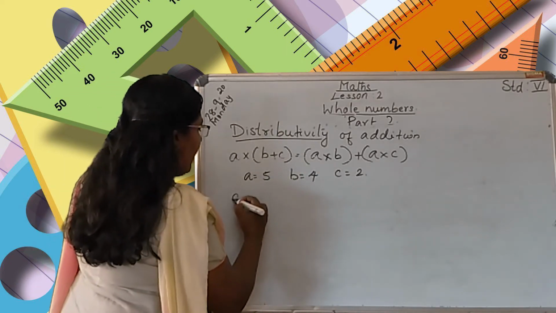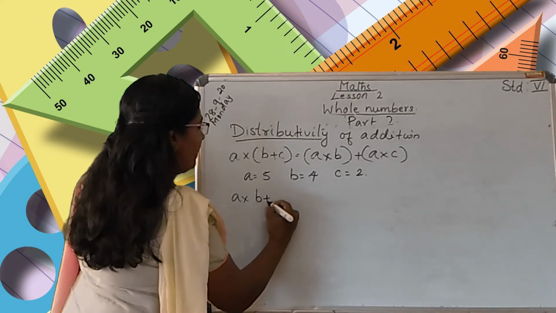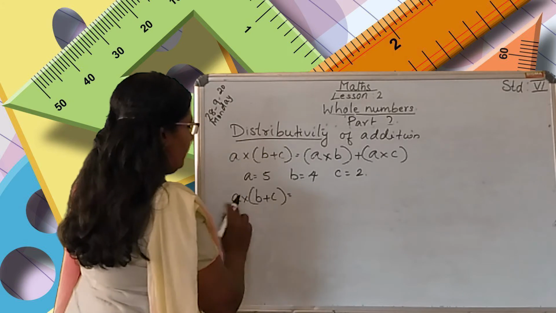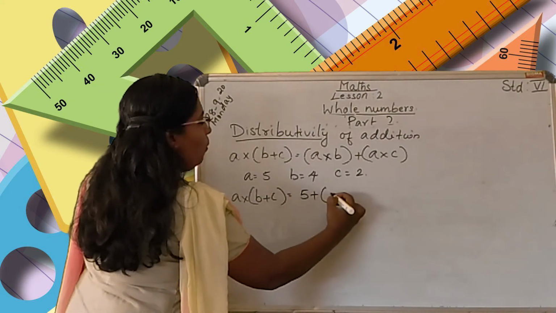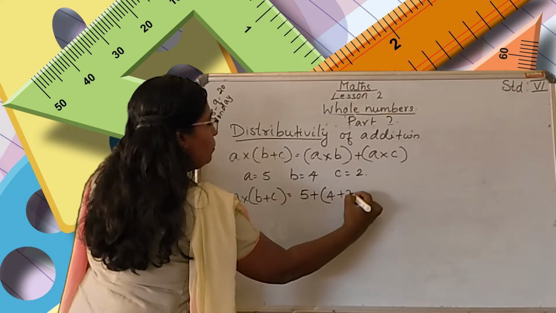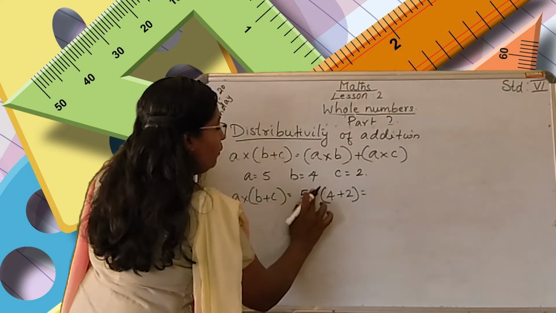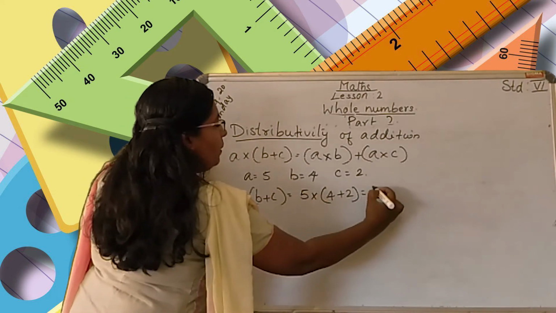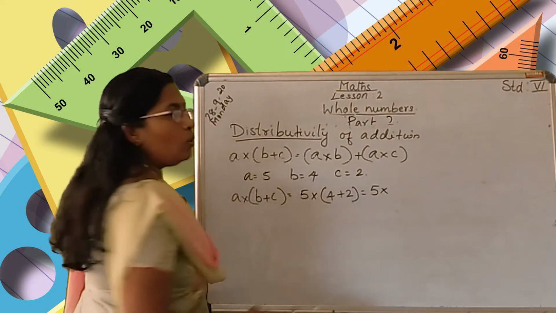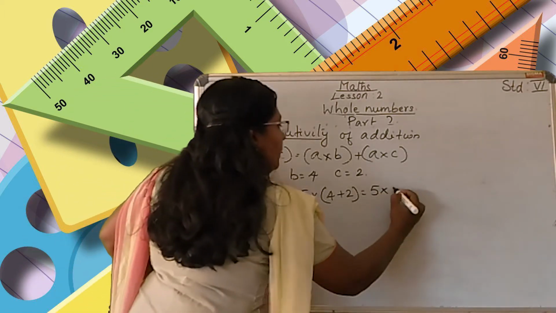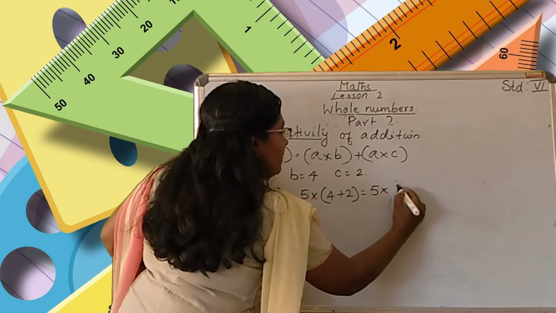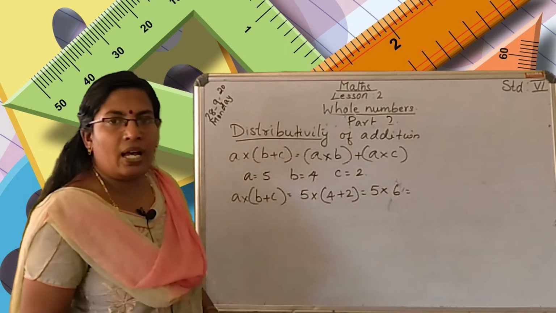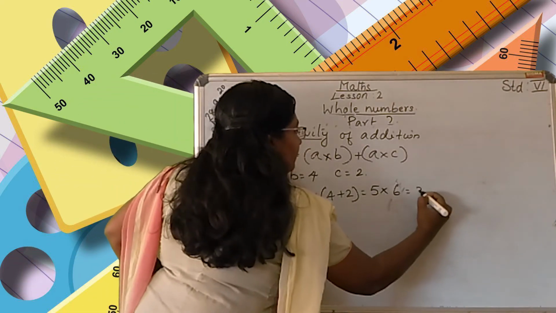So first A into B plus C. In A, write 5 into 4 plus 2. Not 5 plus, 5 into. Not 4 plus 2, 6. That is 5 6s are 30.